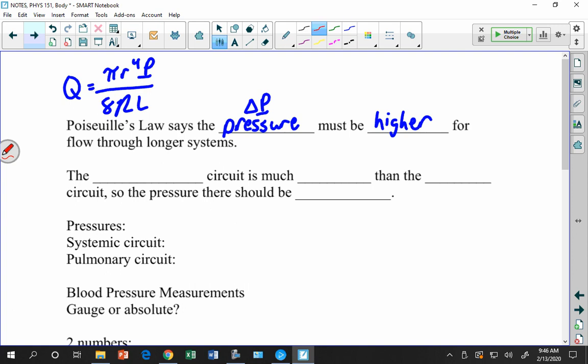So delta P, if L goes up, that means that delta P goes up. If L increases, delta P also increases.